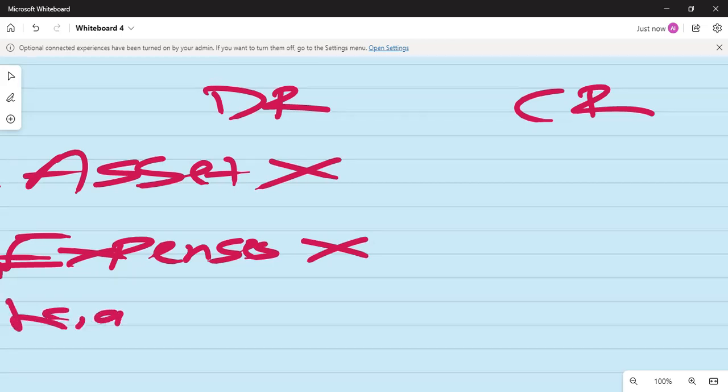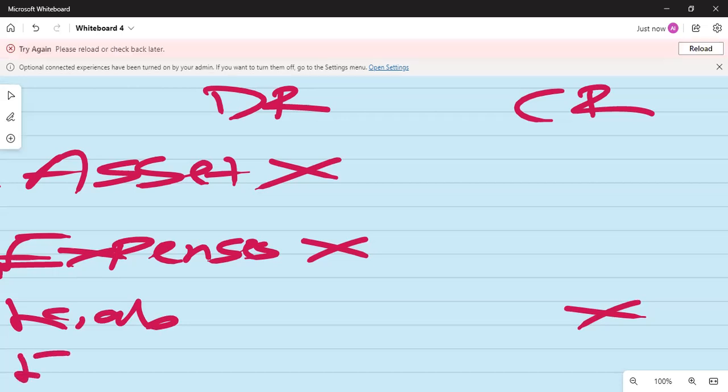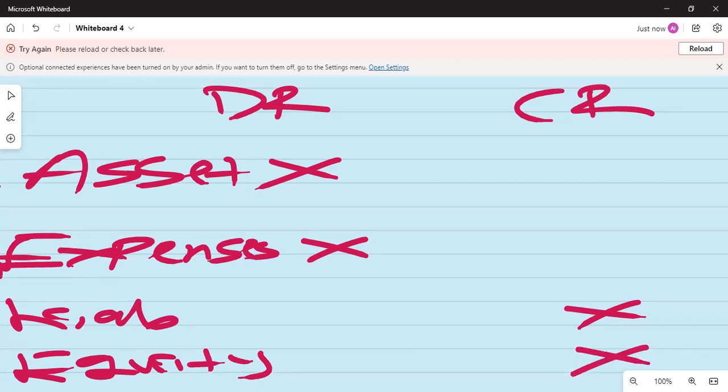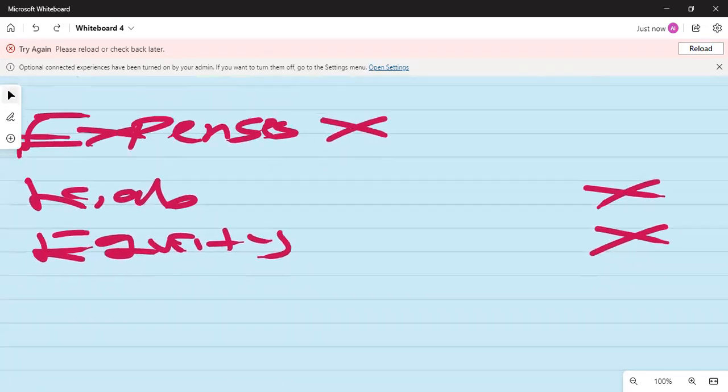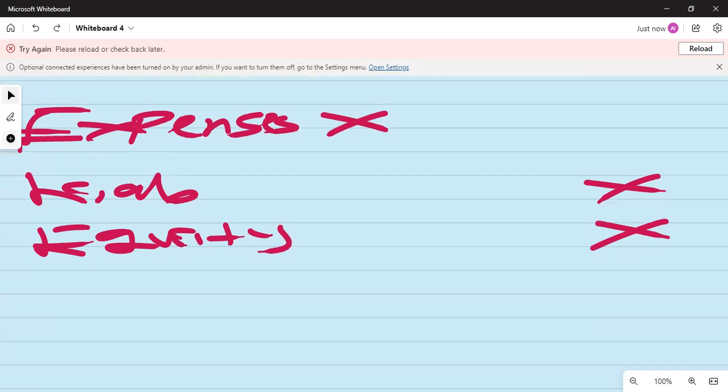The next one we have is liability as well. This is liability. We also have equity. The equity will be on the credit side of your trial balance. So we have the last one, which is income.